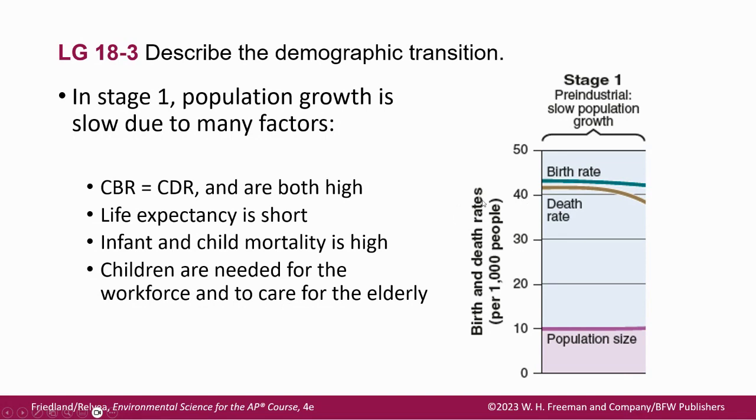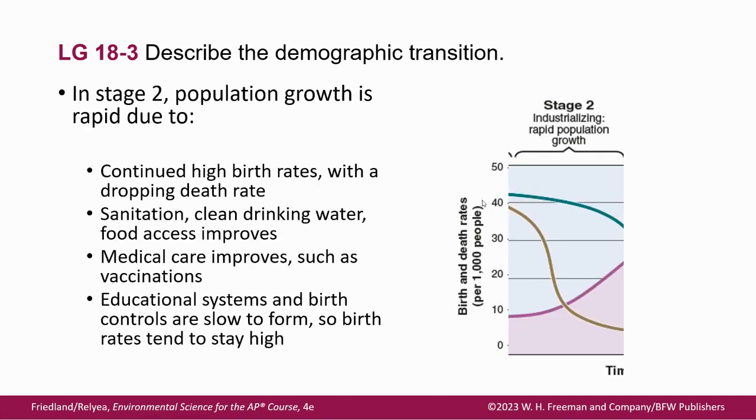Back in the day, the more children you had, the more likely one of them would survive to adulthood and take care of you when you're old, and the more free labor you had to work on your farm or bring money home for bills. That's pre-industry: farming communities or villages that do not have industry like manufacturing.